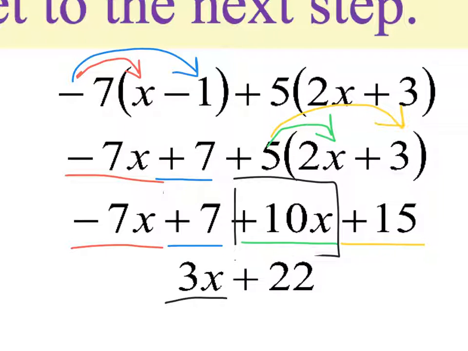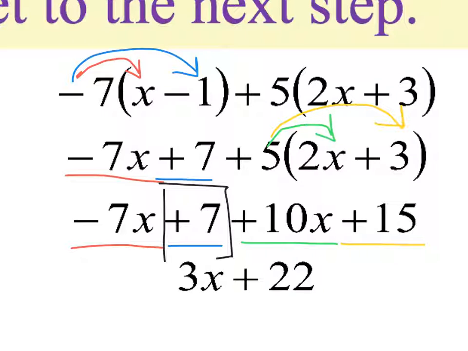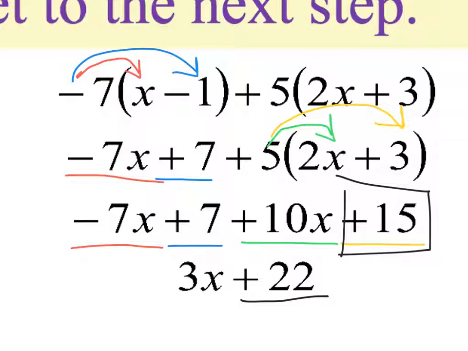So that 10 minus 7 gave me my 3x. My next step will be positive 7 and positive 15, which will give me positive 22. That would be the next step in that process of solving and combining, which will give me my final answer of 3x plus 22.